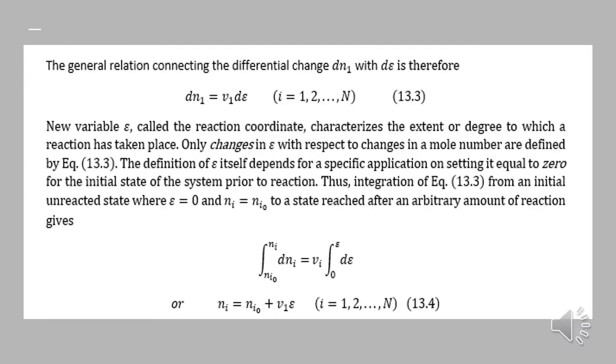Thus, we integrate equation 13.3 from an initial unreacted state, where the reaction coordinate ε equals 0 and ni equals ni naught, to a state reached after an arbitrary amount of reaction, giving equation 13.4, which is ni equals ni naught plus vi ε, where i can be substituted with 1, 2, and so on.